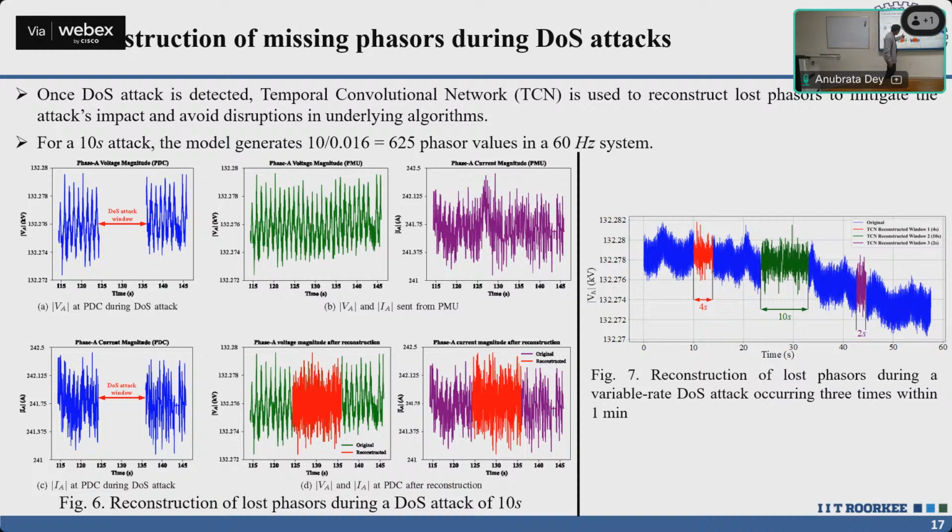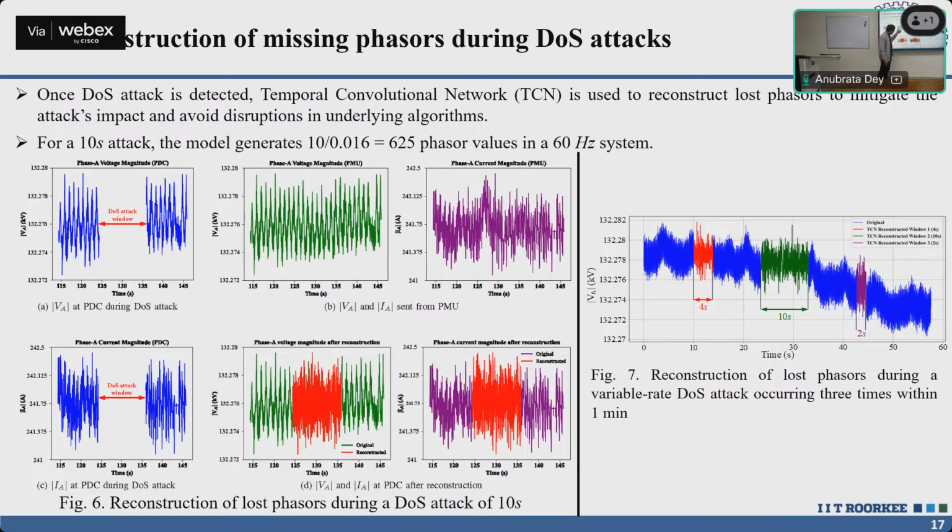Same way you can consider the voltage magnitude and the current sent by the PMU. The PMU is sending the correct phasors, but at the PDC level you are not getting this much data, for either voltage magnitude or current magnitude; we can say all phasors. Now if you wish to reconstruct, you have to use a technique like the one we have used; you can use any other technique, and reconstruct these phasors.